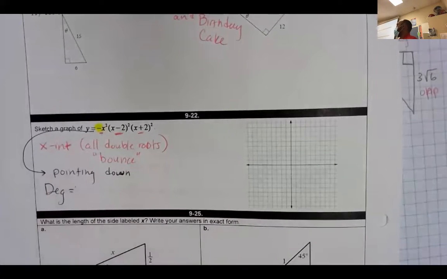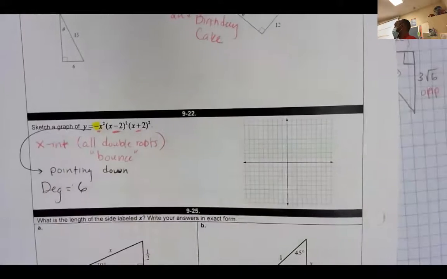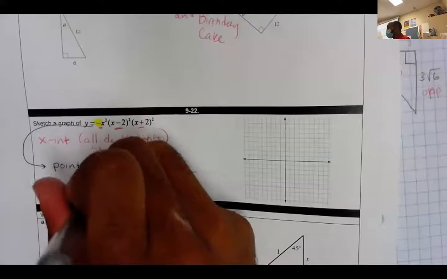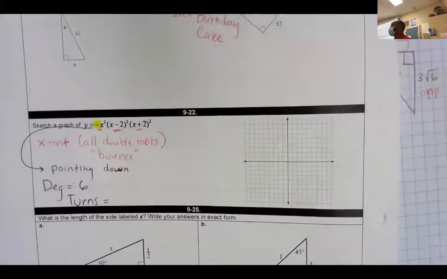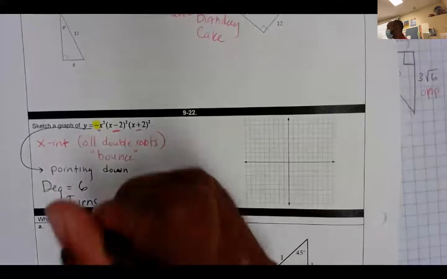So your degree would be 6. It touches the x-axis 3 times. If it's a degree of 6, how many turns will it have? Remember, when you count the turns, you decrease by 1, so 5.